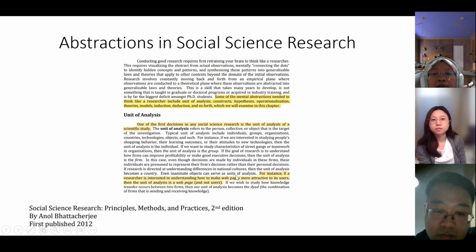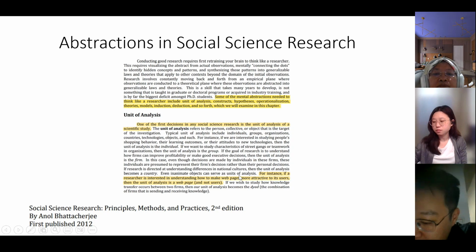So you're looking at the whole country, then the whole country becomes your unit of analysis. Even inanimate objects can serve as units of analysis. If you're interested in how to make web pages more attractive to users, then the unit of analysis is a web page.